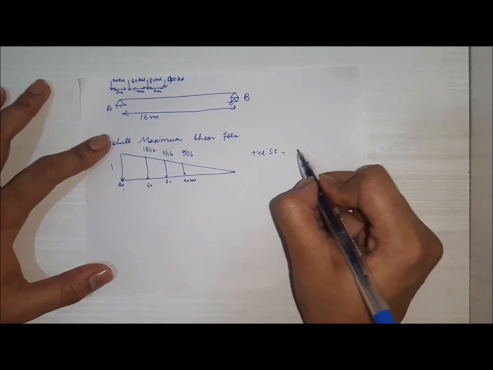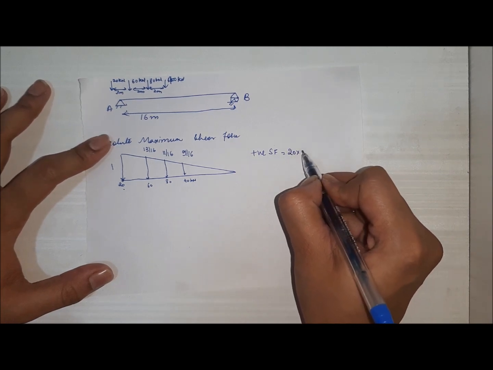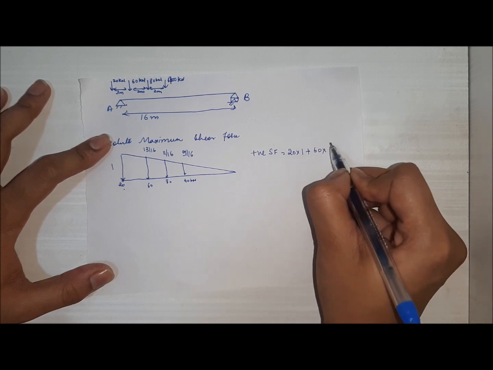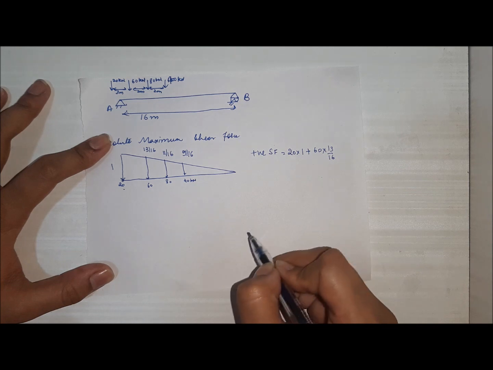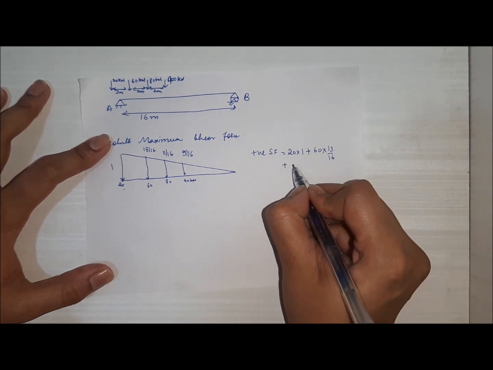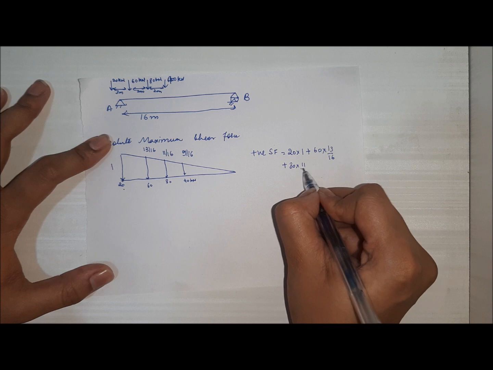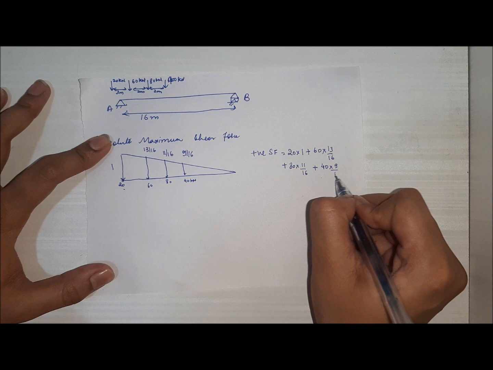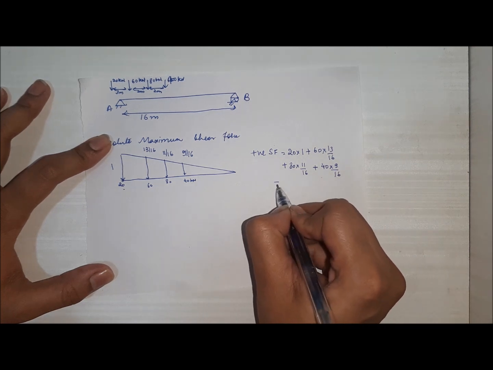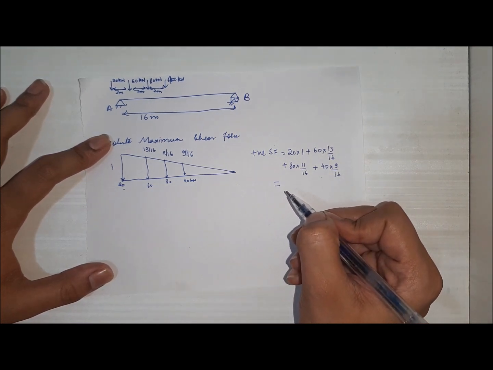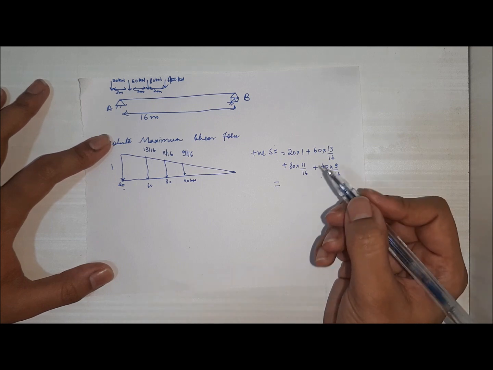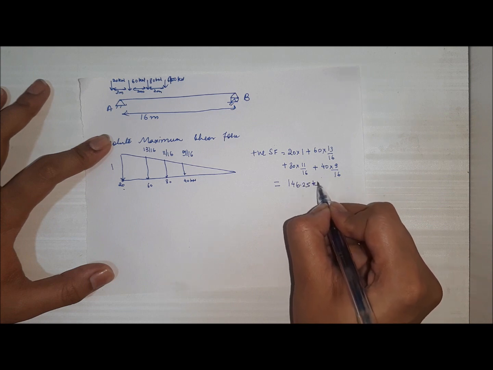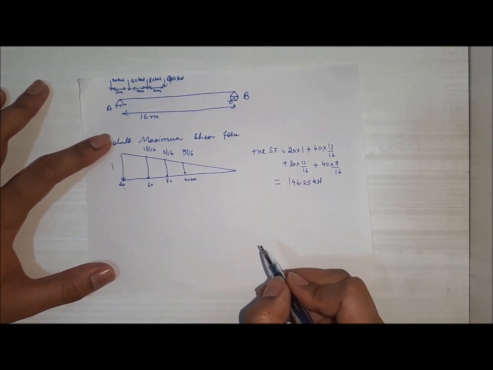This value would be 20 into its ordinate 1, plus 60 into its ordinate, that is 13 by 16, plus 80 into its ordinate 11 by 16, plus 40 into its ordinate 9 by 16, and we will get the value as 146.25 kilonewton. This is the positive shear force.